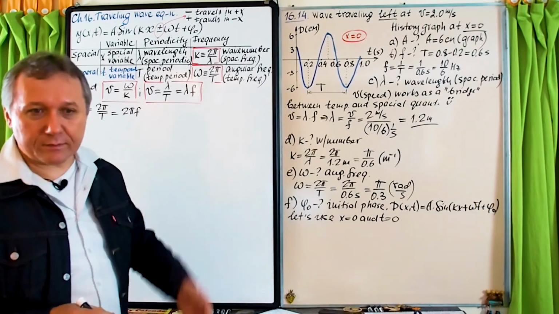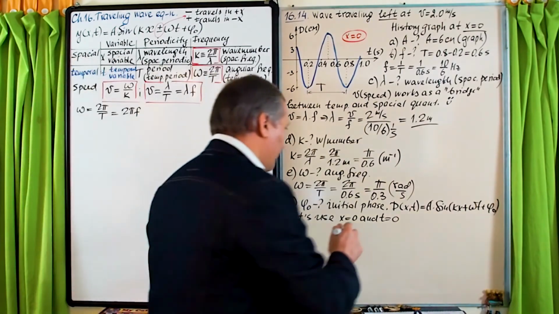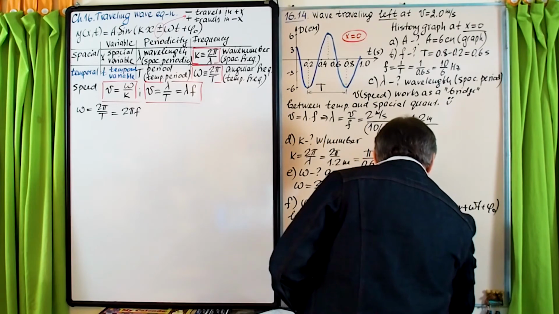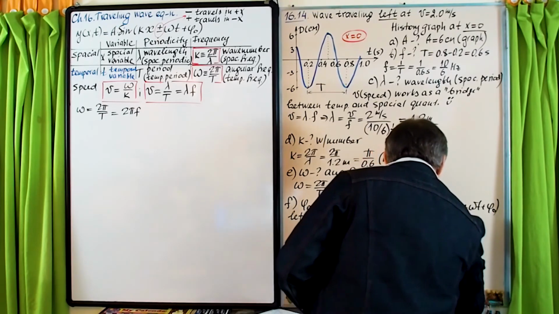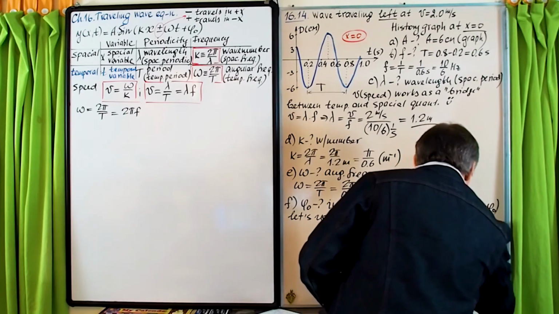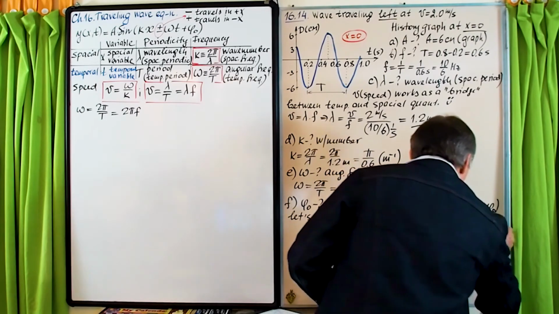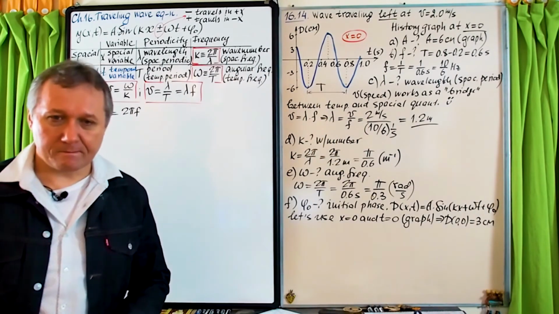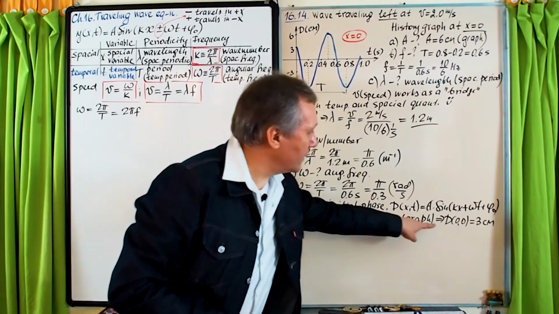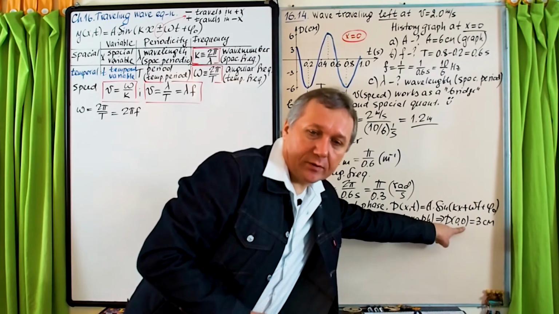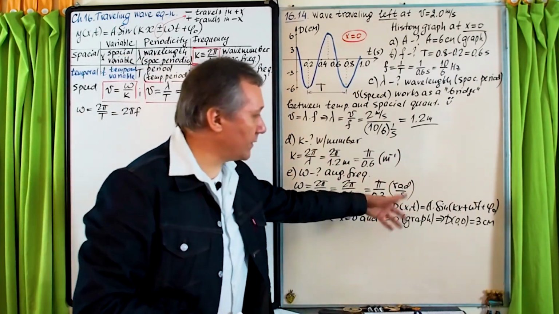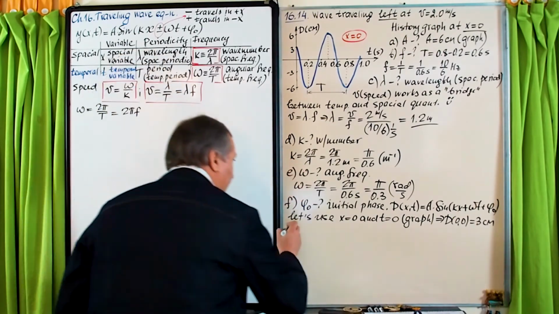So see the graph: at this point 0, 0, the displacement is 3 centimeters. Basically I wrote d at x equals 0 and t equals 0. Now let's plug it all in.